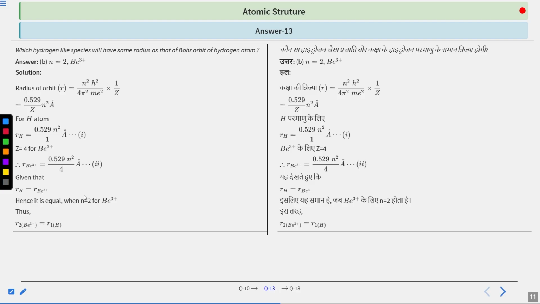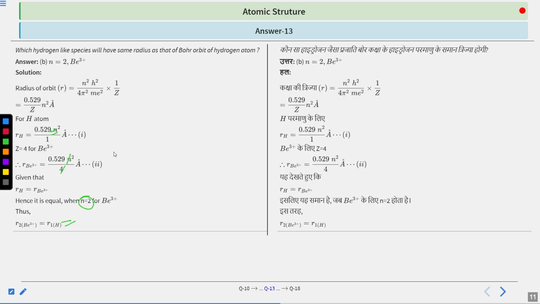If we take n is equal to 2 for beryllium, we find that the radius comes out the same. For hydrogen atom, n is equal to 1, that is 0.529 by 1. Here it is 0.529 n square by 4. If you take n is equal to 2, 4 and 4 get cancelled out, and you get the same value as on the left hand side for the hydrogen atom. Hence for beryllium 3+ with n is equal to 2, we have the same value as the Bohr hydrogen atom, 0.529 angstrom. Clear?